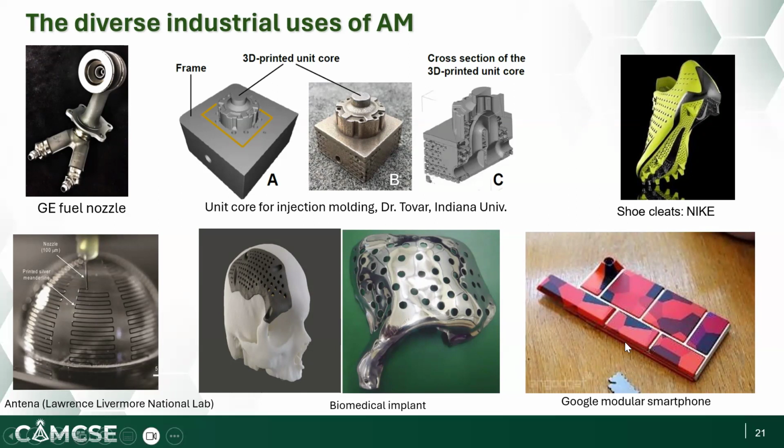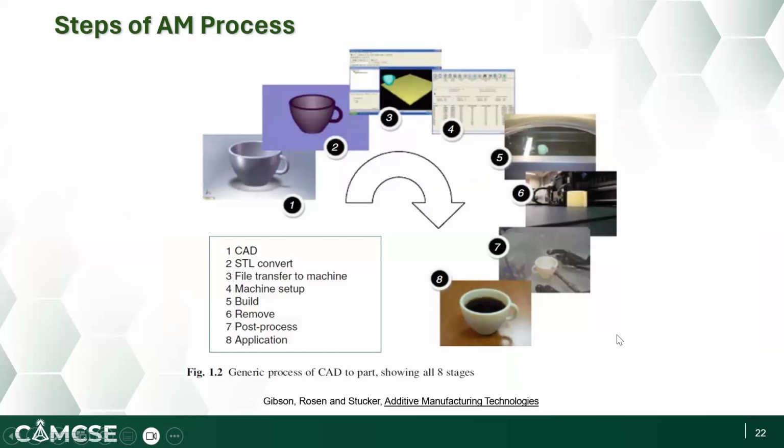Right? So in a typical additive manufacturing process, there are multiple steps. The first step is to create a CAD file. The second step is to convert this CAD file into a so-called digital STL, stereolithography file. And this STL file is then transferred to the machine.